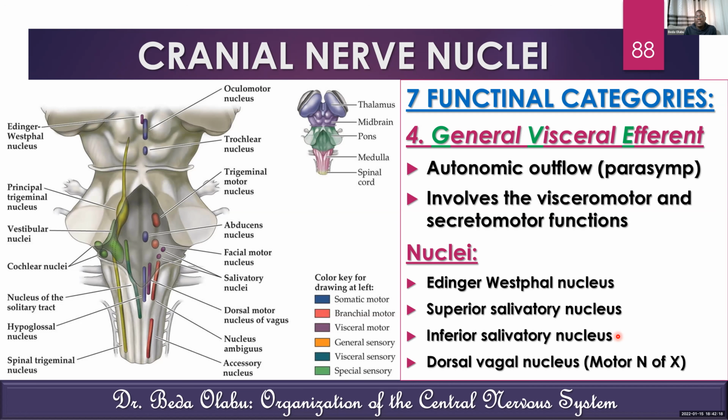And lastly, we have the dorsal vagal nucleus, also called the motor nucleus of vagus. It contains the preganglionic parasympathetic neurons within vagus nerve, the ones that go to multiple organs: heart, respiratory tree, digestive tree, urinary tree, and the like. So the dorsal vagal nucleus is located within the medulla.